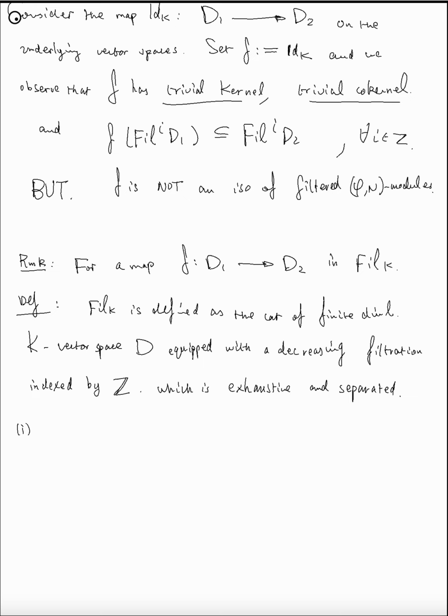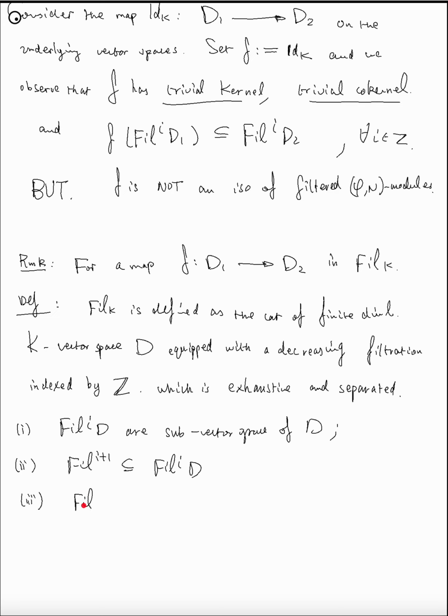So firstly, Fil i of D are sub vector spaces of D, and then it is decreasing, and then Fil i of D equals 0 for i big enough.